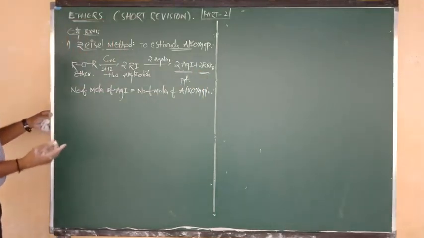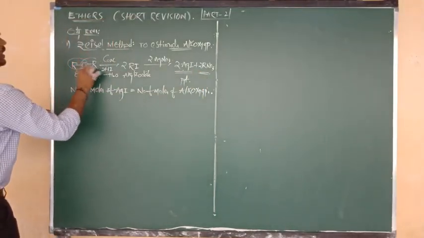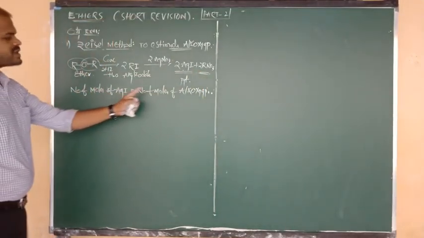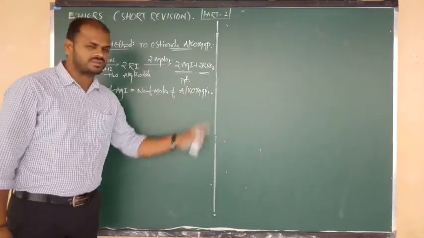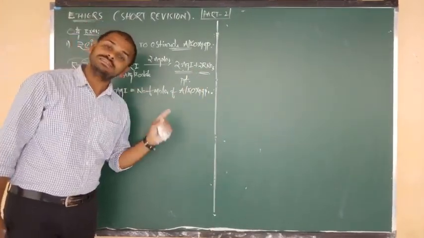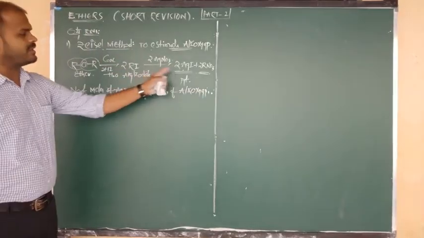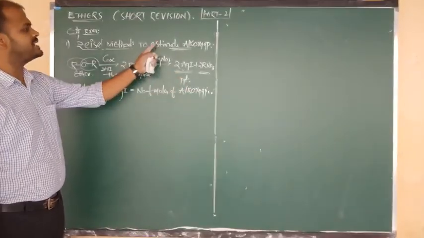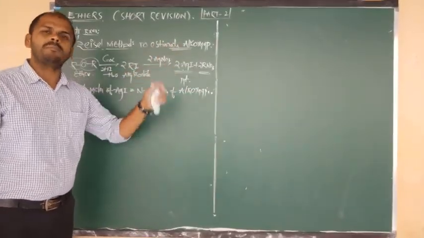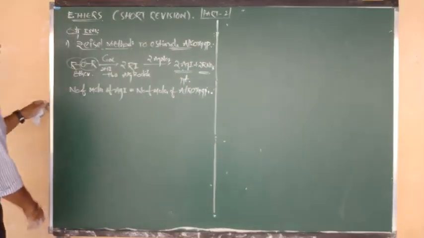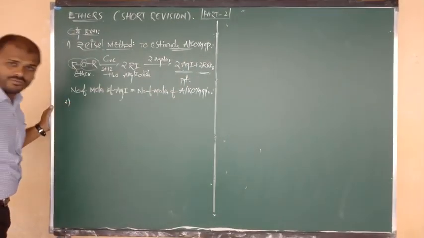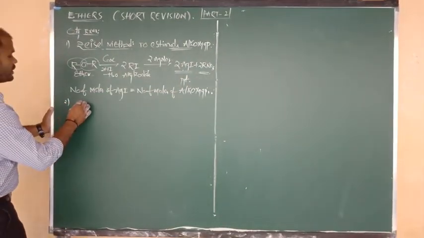And how many moles of alkoxy will be there? 1 and 2. So the number of moles of AgI must equal the number of moles of alkoxy groups. In that manner, on the basis of AgI moles, we estimate the presence of alkoxy groups in the respective ether. Next, one more thing I want to discuss with you.